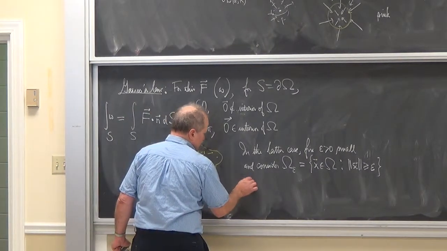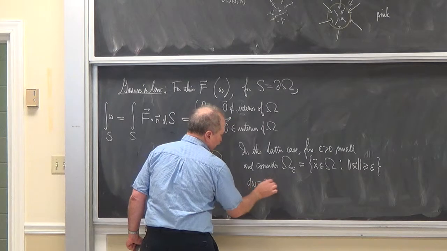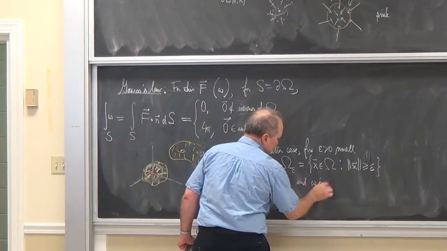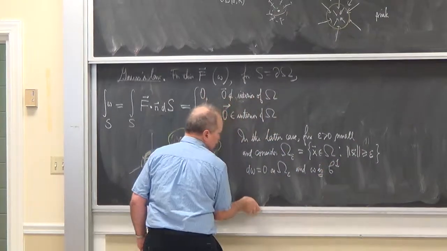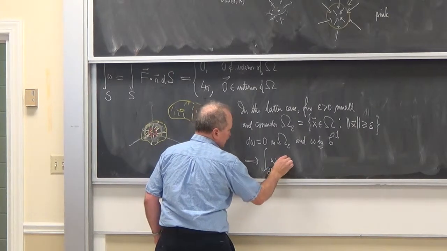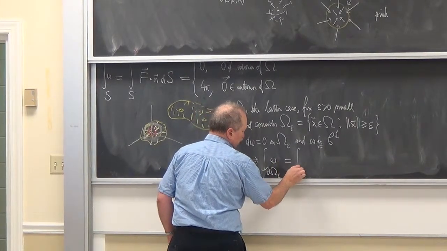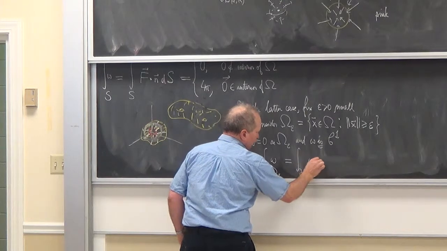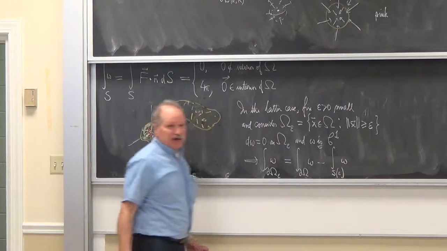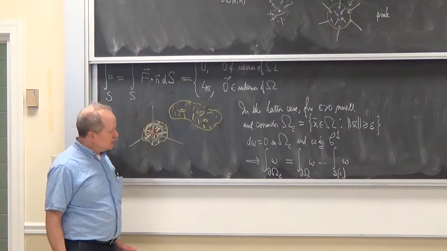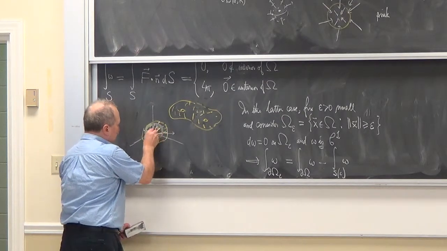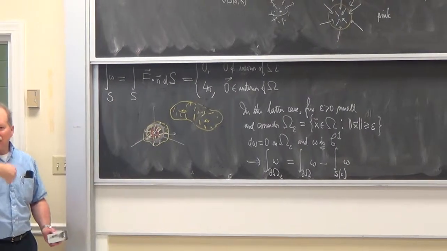Since d omega is 0 on capital omega epsilon, and omega is C1, I get that the integral over the boundary, which is the integral over the boundary of big omega, minus the integral over the sphere of radius epsilon. Why minus? Orientation. Right, the boundary orientation points out here and out there means pointing inward.